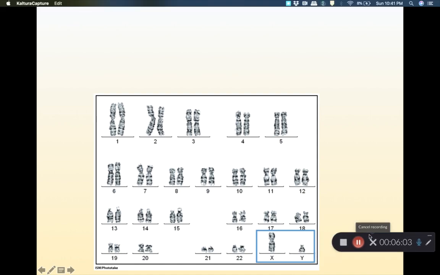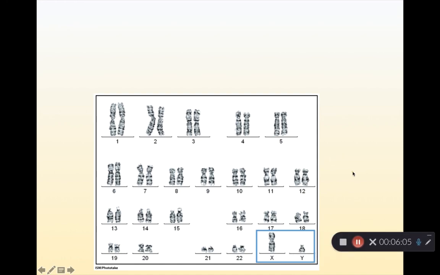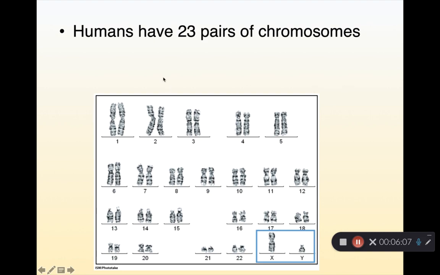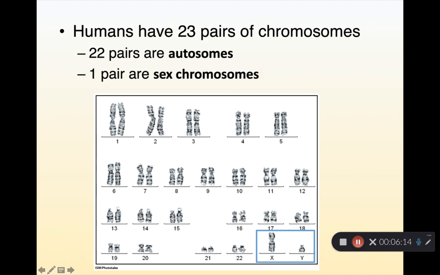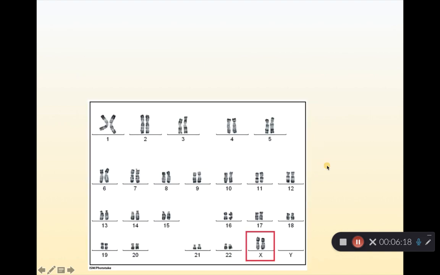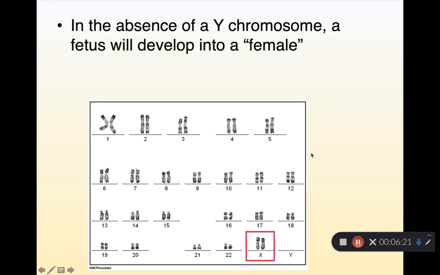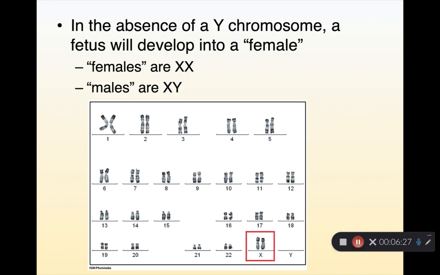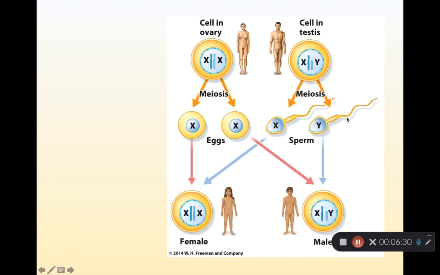And we talked about this previously where we were looking at these karyotype plots where we have 23 pairs of chromosomes, so 46 chromosomes altogether. 22 pairs are the autosomes, and then we have this one pair of sex chromosomes with the X and the Y. And in the absence of a Y chromosome, the individual will develop into, again, a quote-unquote female, and males are XY. So what does that mean in terms of what's happening at a cellular level?